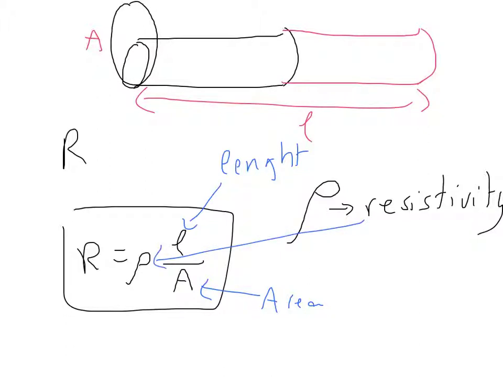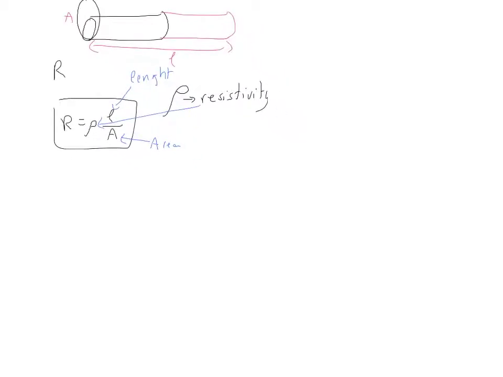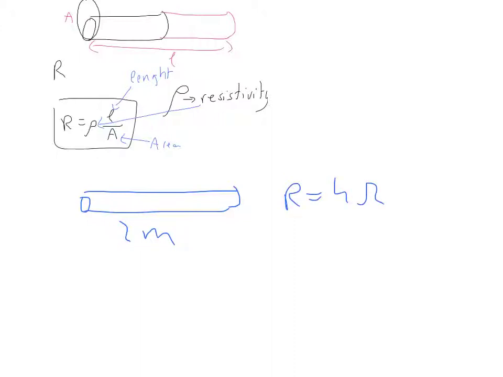Now, knowing this, you could solve a problem. For example, imagine that I have a certain wire of 2 meters. And I know that its resistance is 4 ohms. What happens to the wire when I make its length 4 meters?